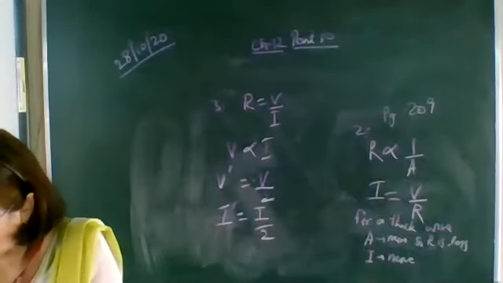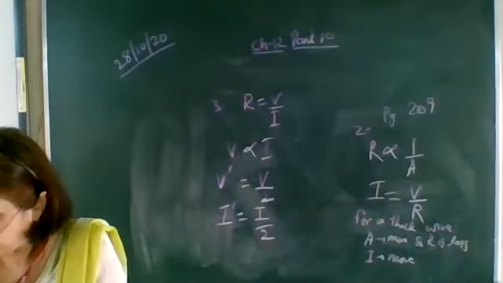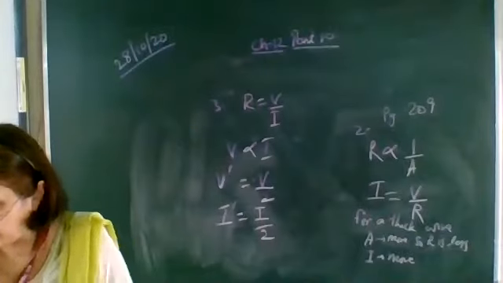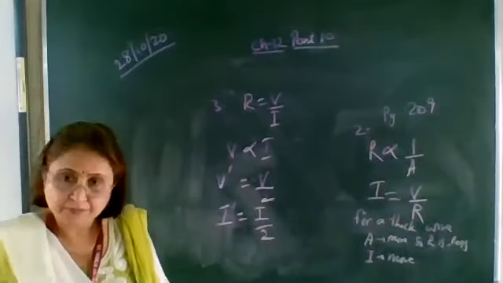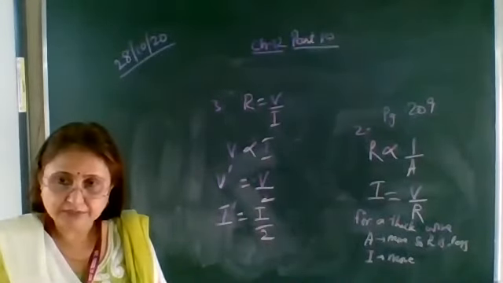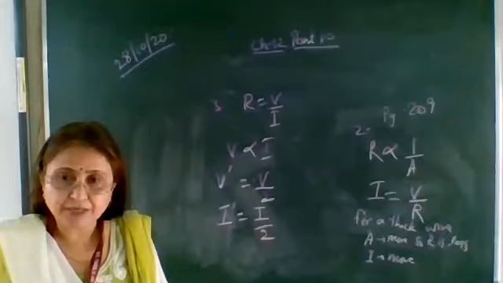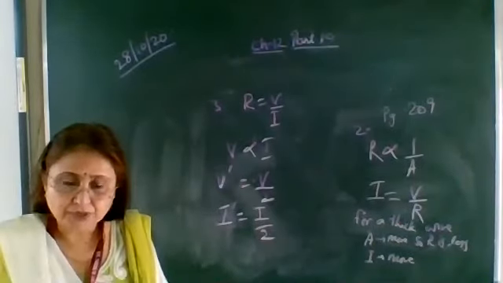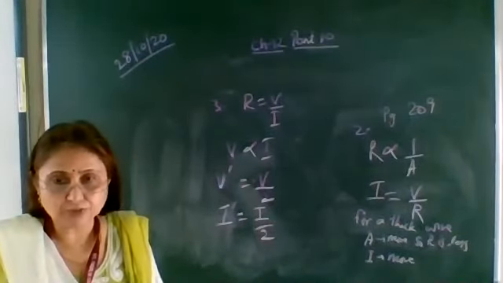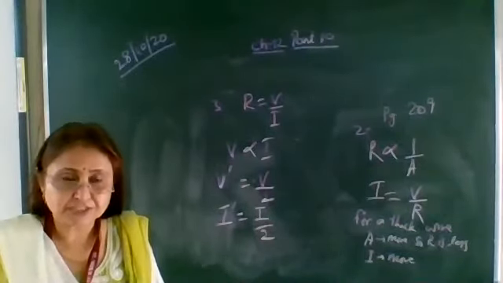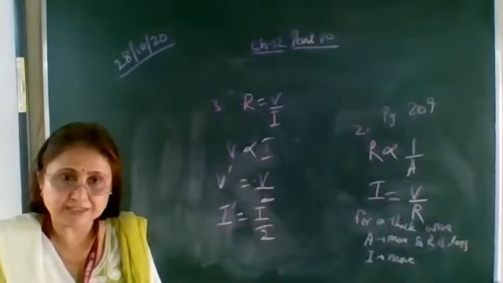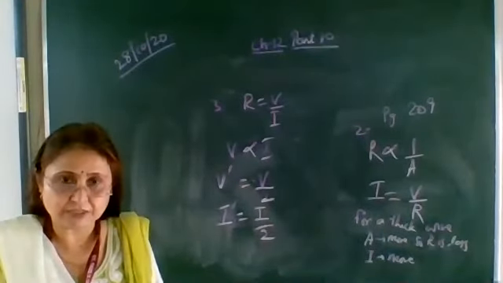Then next question number 4. Why are the coils of electric toasters and electric irons made up of alloy rather than a pure metal? This question I had already given. Why are they made up of alloy rather than a metal? Because there are two things. The first is that the resistivity of alloys is greater than the resistivity of its constituent metals.